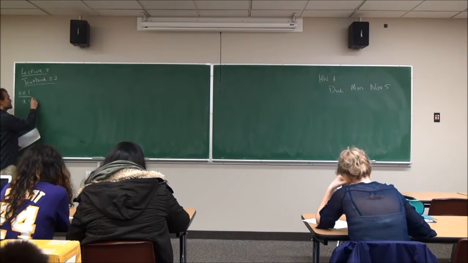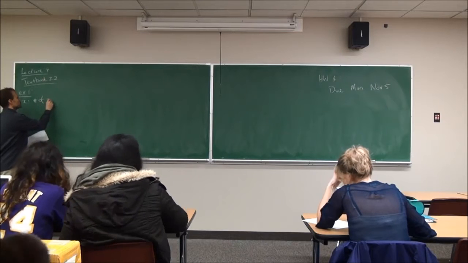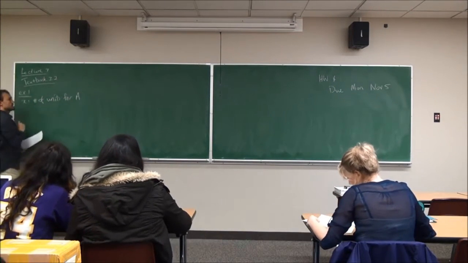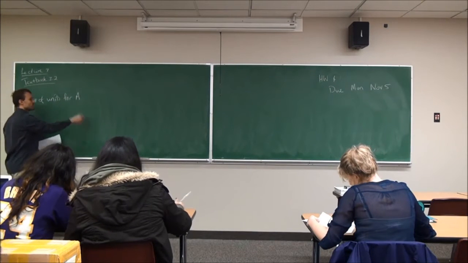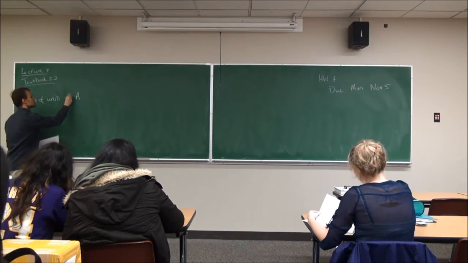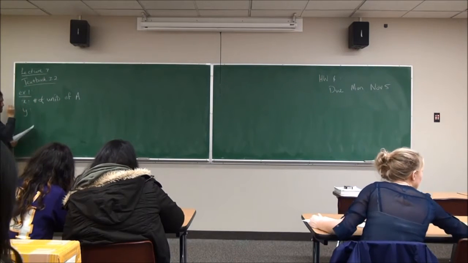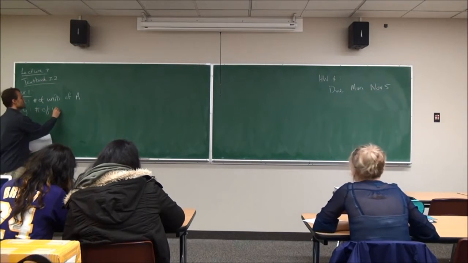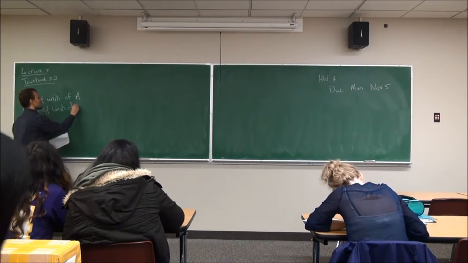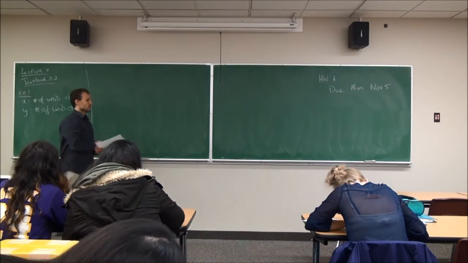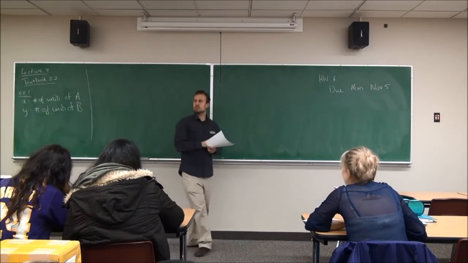X represents the number of units of product A that I'm making. Y represents the number of units that I'm making of product B.